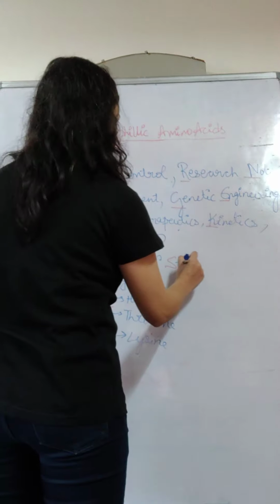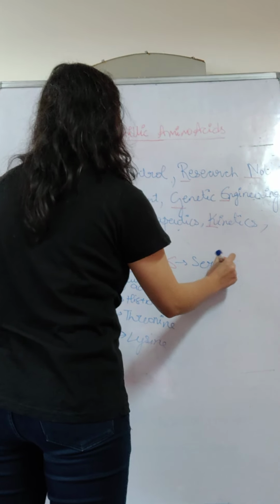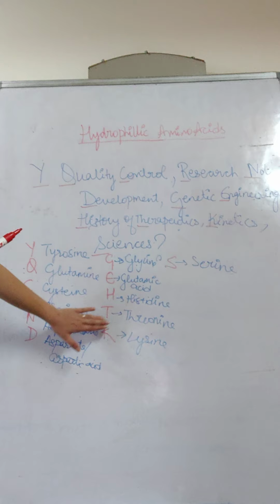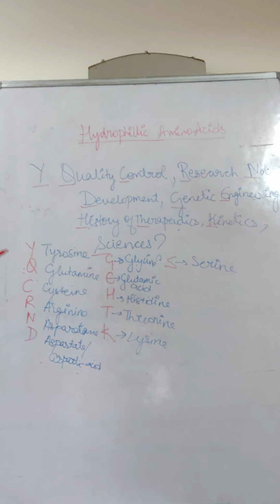S is for serine. So why quality control, research and development, genetic engineering, history of therapeutics, kinetics and sciences: tyrosine, glutamine, cysteine, arginine, asparagine, aspartate, glycine, glutamic acid, histidine, threonine, lysine, serine. That's it. These are the hydrophilic amino acids.